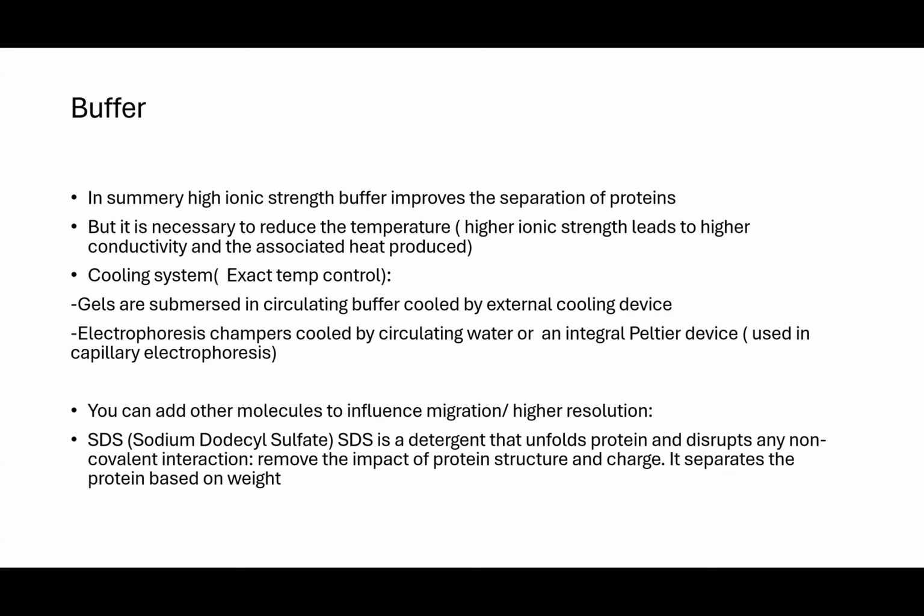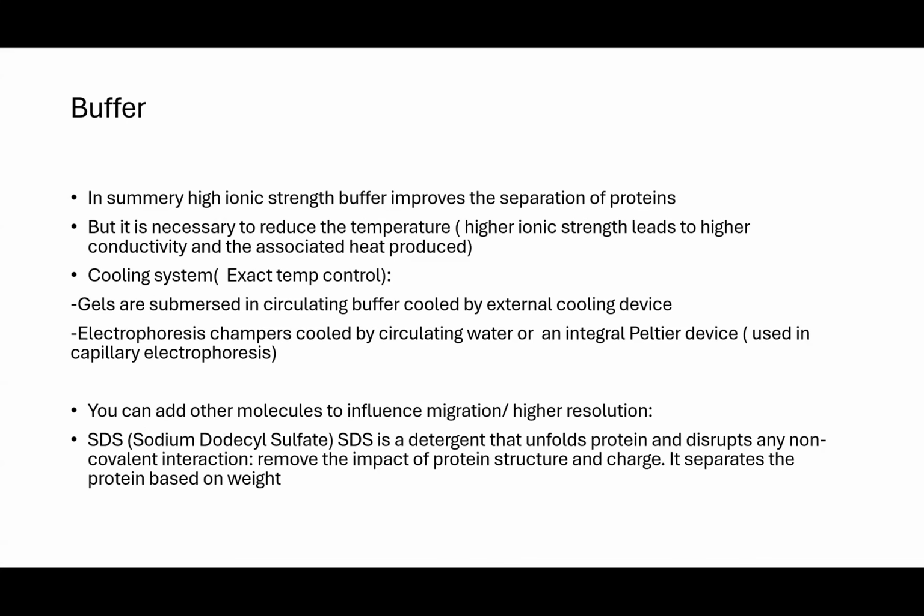You can also add molecules to the buffer to influence migration and get better resolution. One of these molecules is SDS, a detergent that unfolds proteins and disrupts any non-covalent interactions. Basically, it removes the impact of the charge of the protein, so the proteins are separated only based on their molecular weight, and that helps with higher resolution.